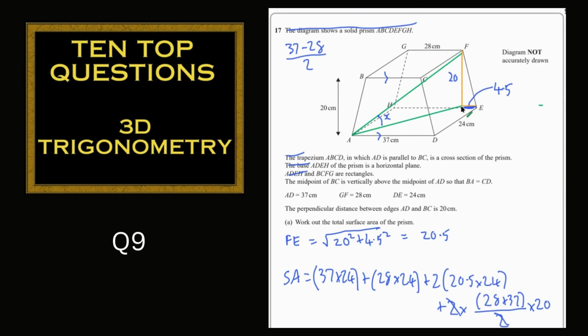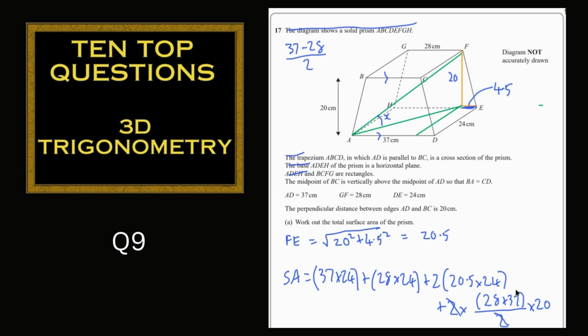Well, let's trace that along there. This distance is 37. Okay, all the way along that distance. Sorry, 37 is all the way along to there. Just correct myself. It's 4.5 smaller than that.